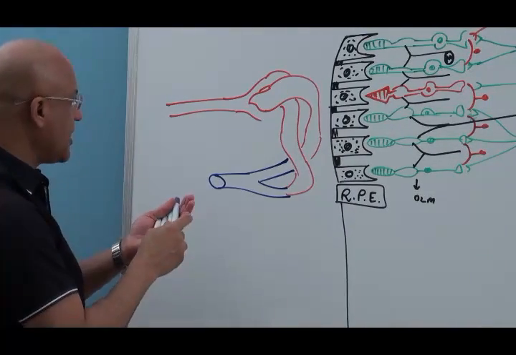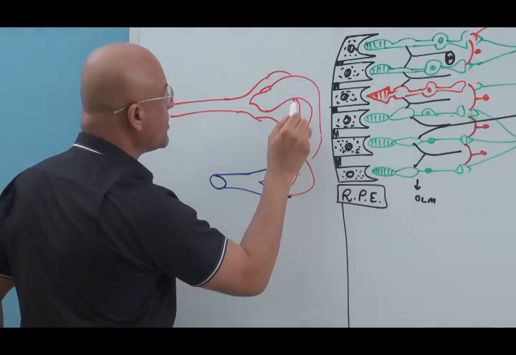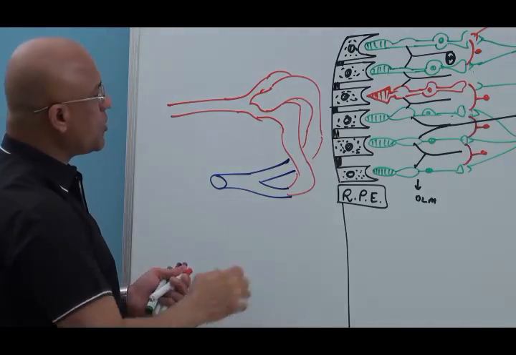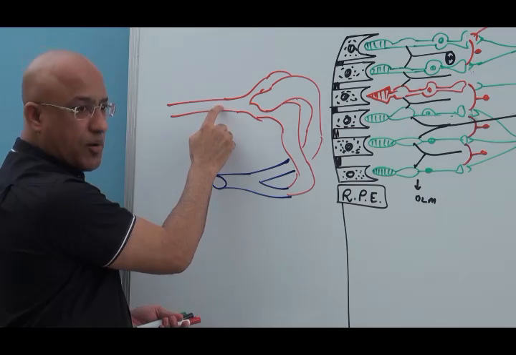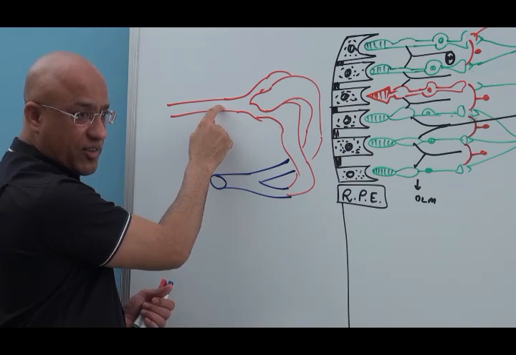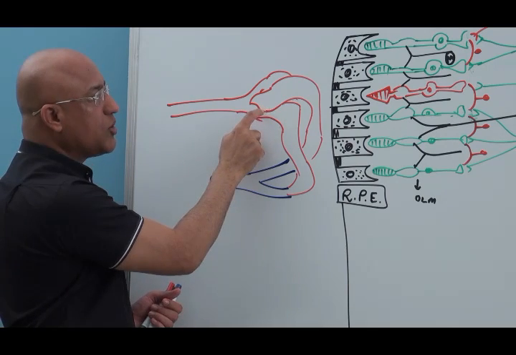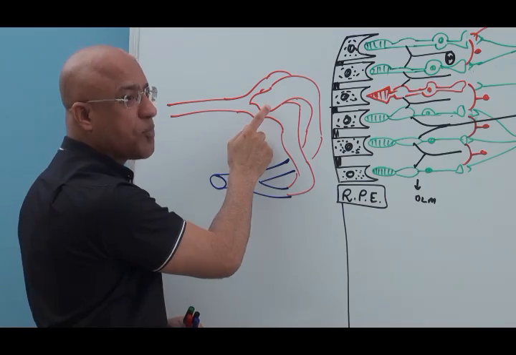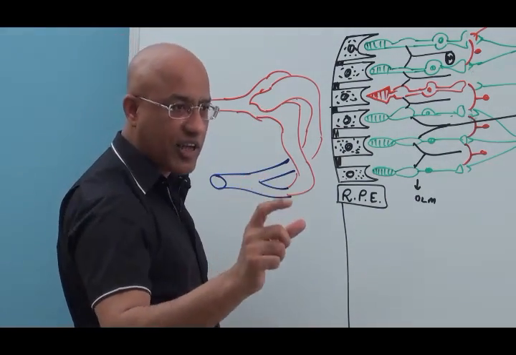Now, the point I want to tell you: arteries come on the scleral side, divide into arterioles, then into smaller vessels, and eventually choriocapillaries, which are not really capillaries, they are very wide caliber capillaries. That is why they are called sinusoids.